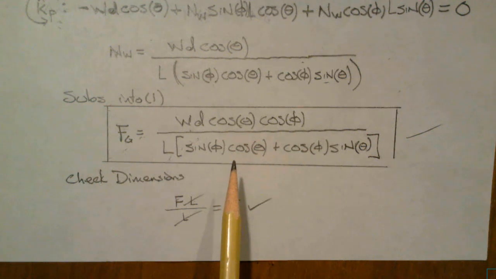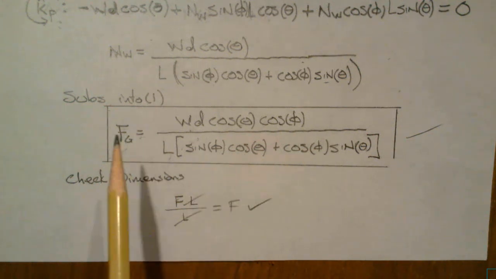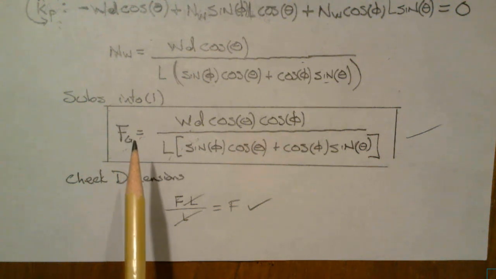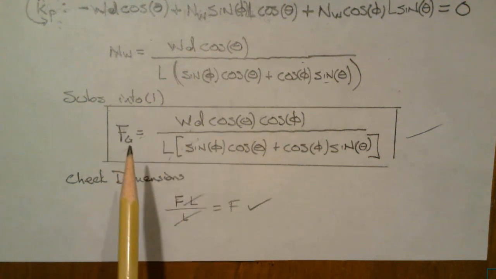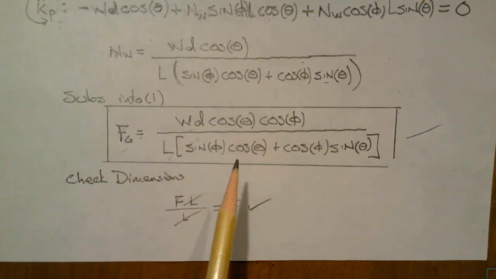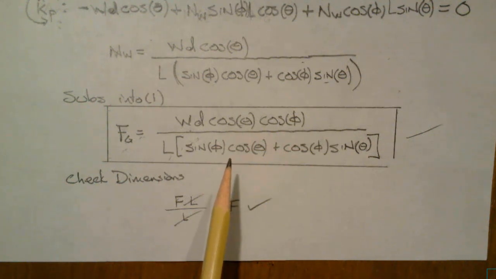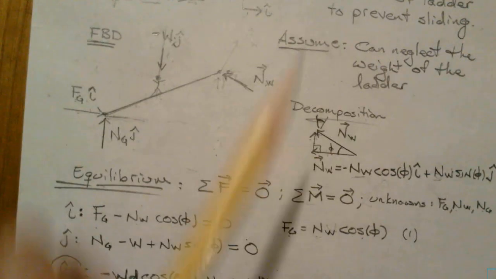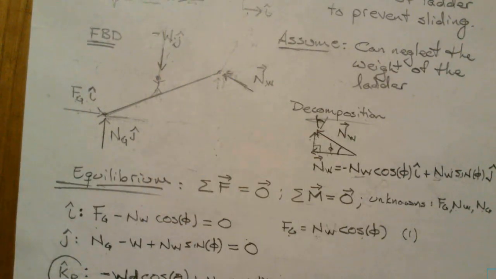If it were 0, we'd be in a world of trouble. It means we'd get an infinite force out of this thing, right? Divide by 0, you get infinity. Can this thing ever be 0? Can you choose some reasonable values of theta and phi and get this answer to be 0 in the denominator?